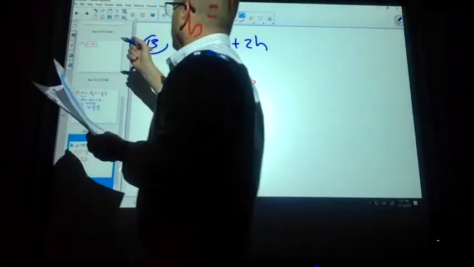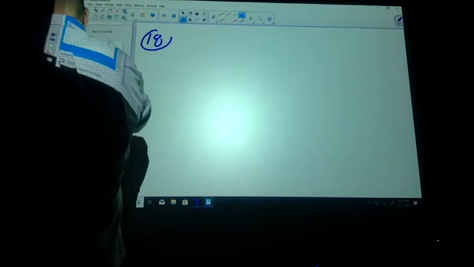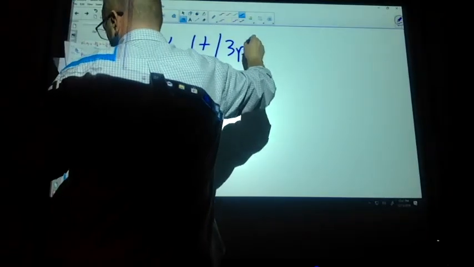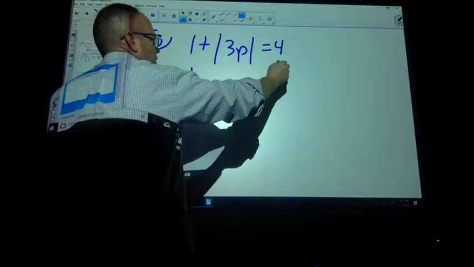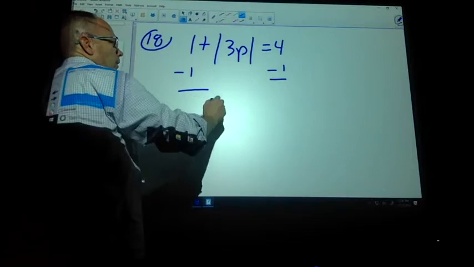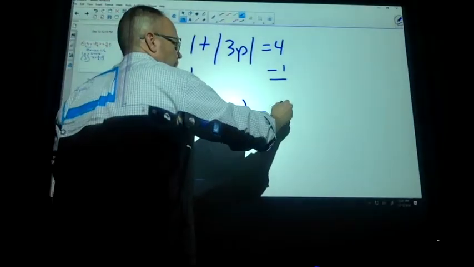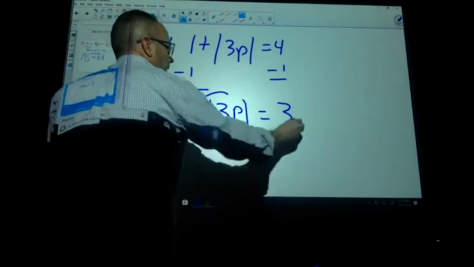All right, number 18, here we go. First thing I would do on this one is go ahead and just subtract 1 from both sides. So you get 3p, still an absolute value, equals 3. Is that okay so far? Then remember, absolute value is split into 2 problems.